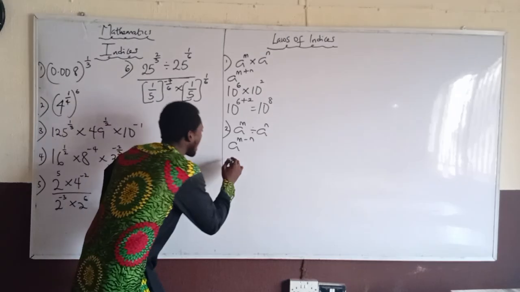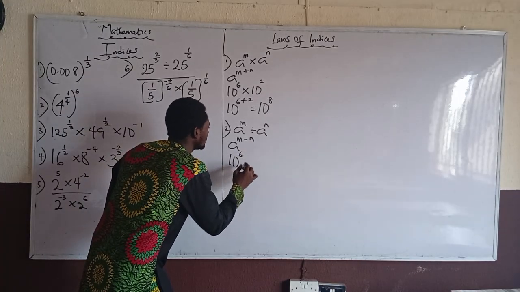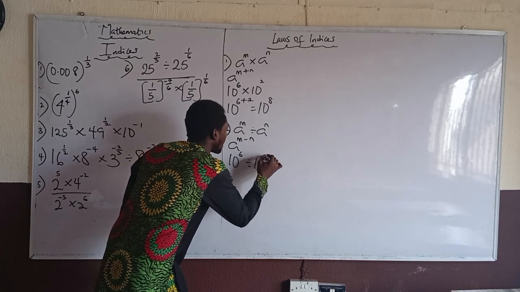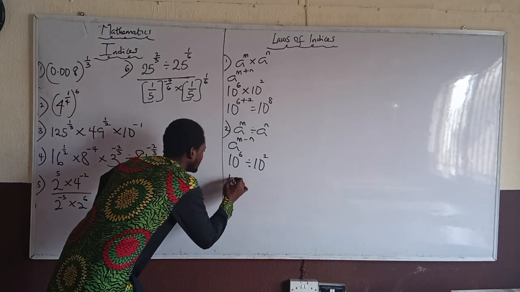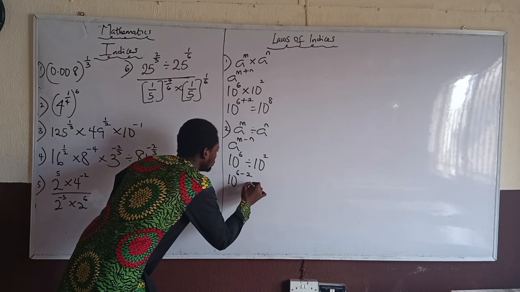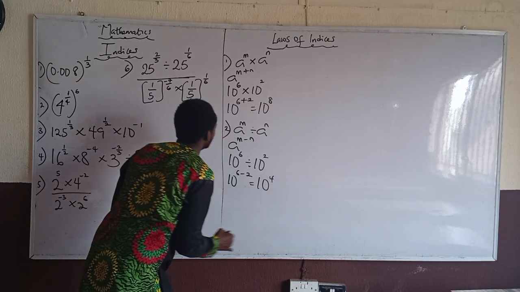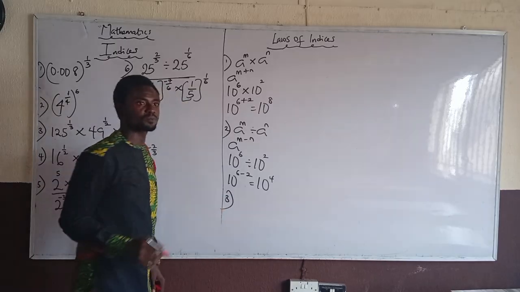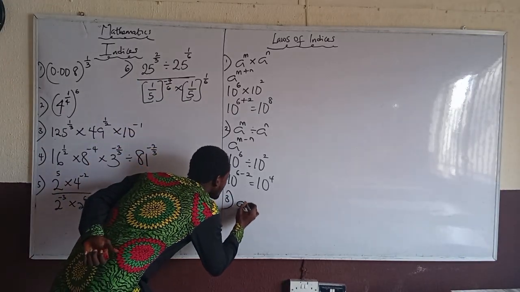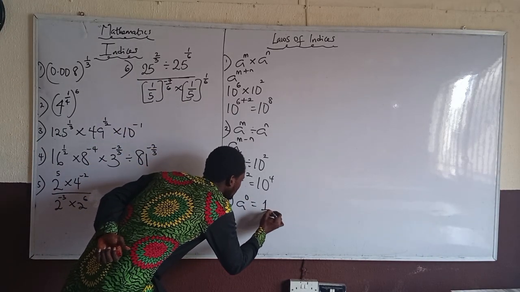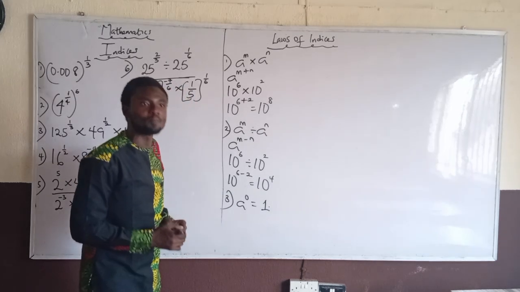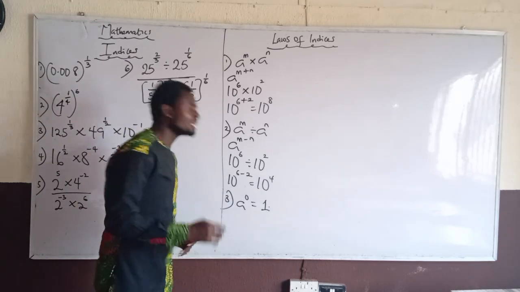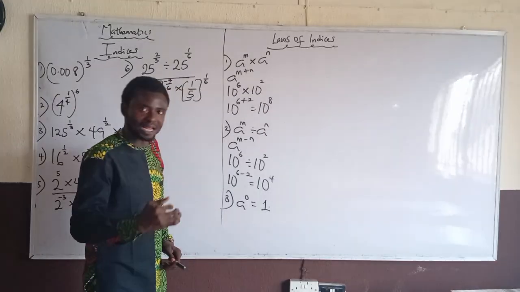So here I have 10 raised to power 6 divided by 10 raised to power 2. It is simply 10 raised to power 6 minus 2, that is 10 raised to power 4. The third law of indices: A raised to power 0 is 1. It simply means any number or any base raised to power 0 is 1.